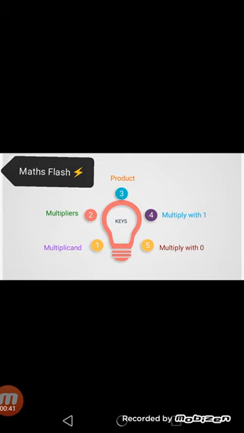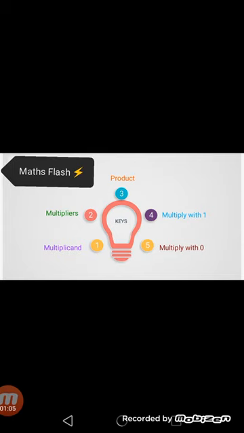Before going to start our word problems, let's revise some important points which we have learned already. The parts of multiplication sentences are the multiplicand, multiplier, and the product. The multiplicand is the first number, meaning the number which is to be multiplied.